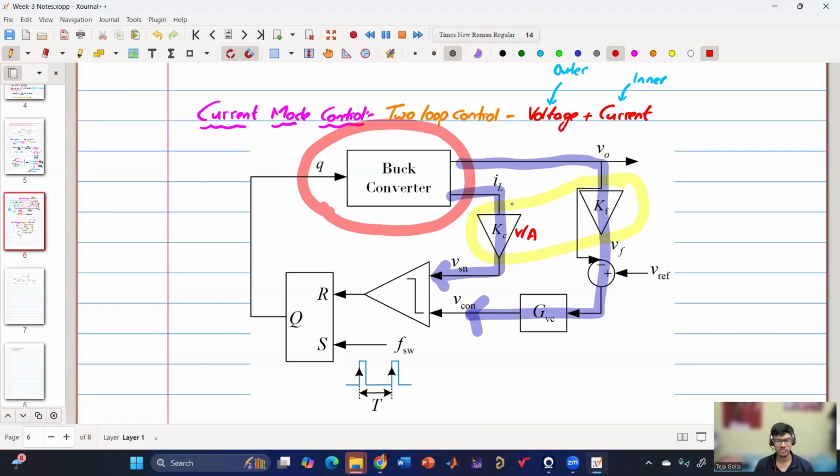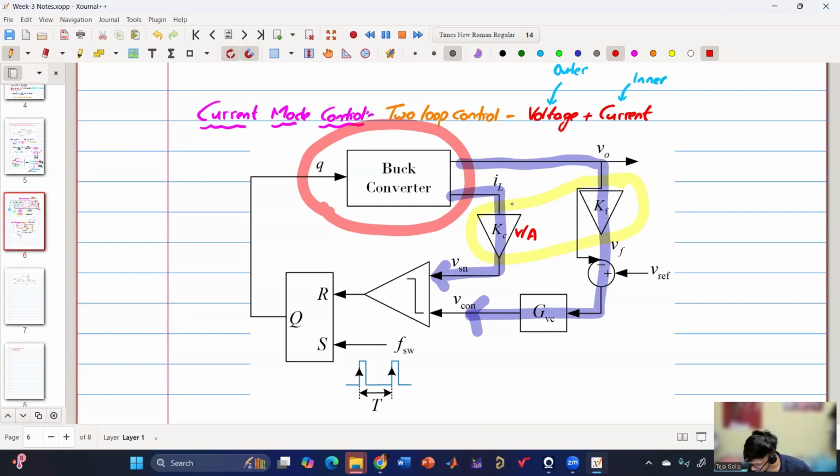I think it is in week 5 or week 6, but that is not in this course. I'm just giving you the information that voltage sensing is different and current sensing is different. Current sensing has more bottlenecks, because we are converting current into voltage, so it is a little more challenging compared to the voltage sensor.